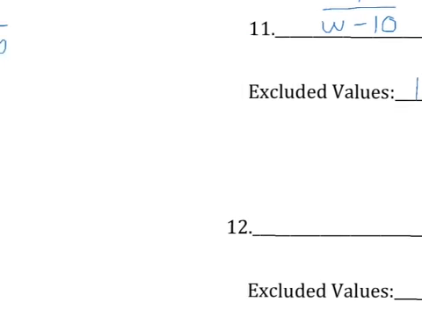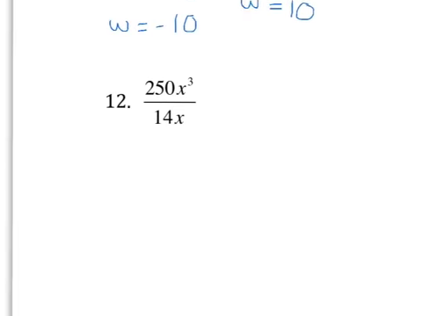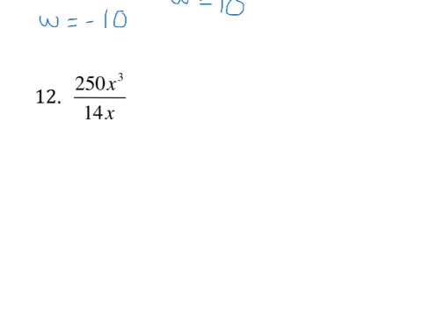Moving on to number 12, we have 250x cubed over 14x. So we want to think of a number that goes into 250 and 14, and I can think of the number 2. So we know that 2 goes into 250 125 times, and 2 goes into 14 7 times.